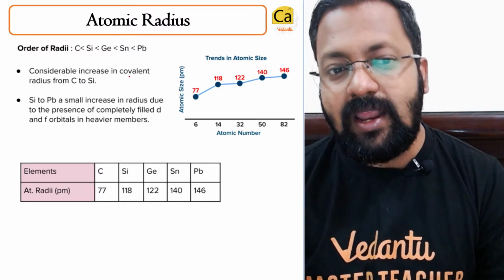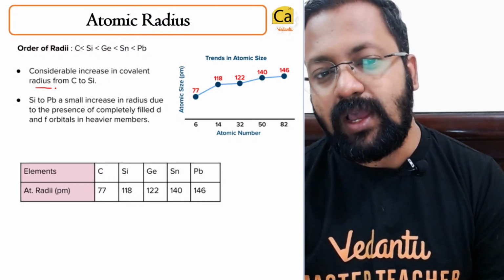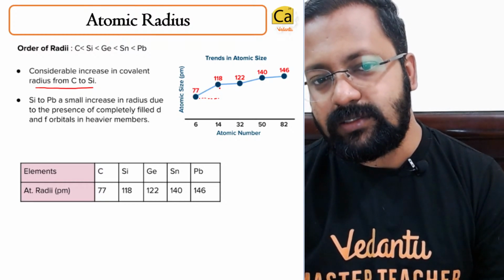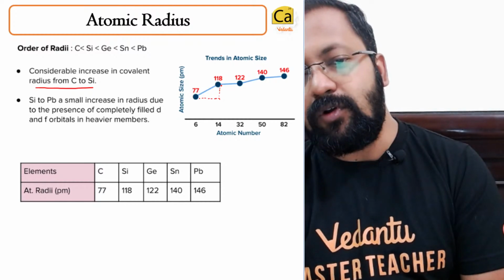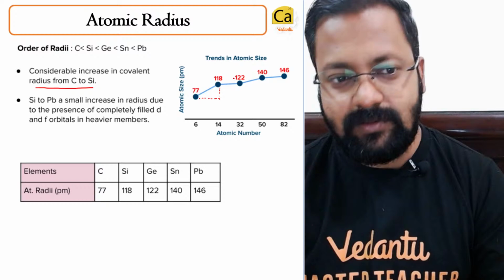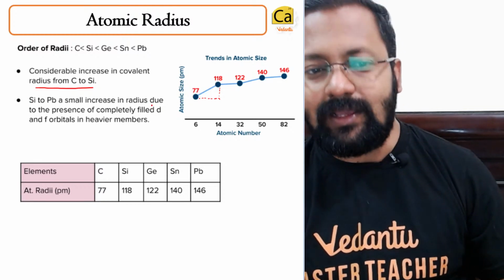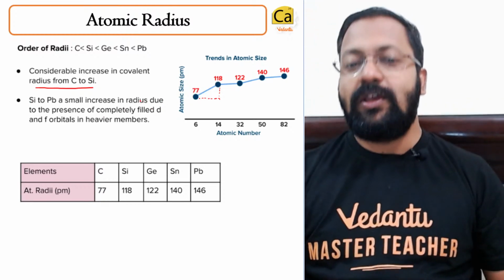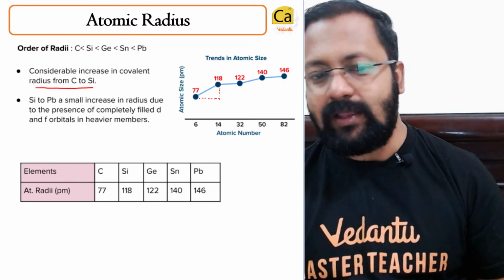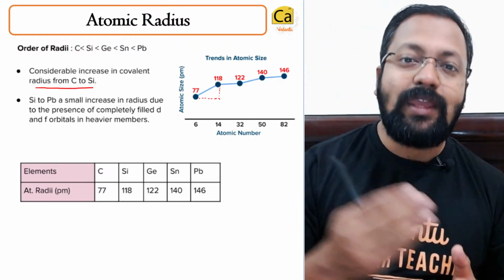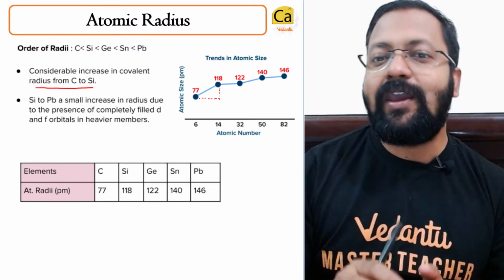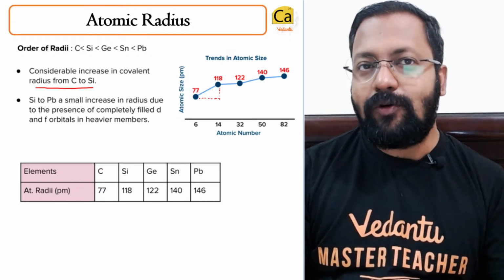So there's a considerable increase in covalent radius from carbon to silicon, isn't it? Can you see that there's a huge increase? There's a good amount of increase, but the amount of increase is not that much in the next case. So from silicon to lead, a small increase in radius, because of poor shielding of d orbital electrons, the radius does not increase to a very enormous extent.